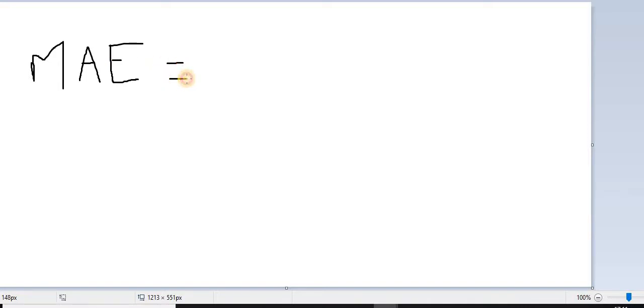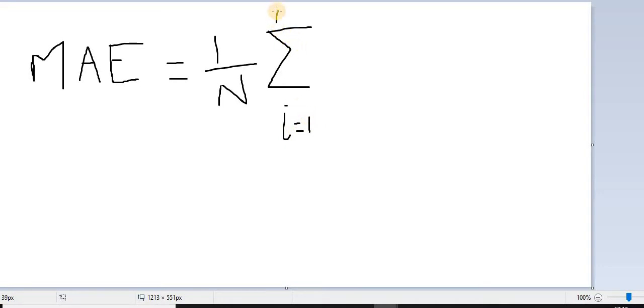So mean absolute error should be 1 by n, then sigma i is equal to 1 to n. N is the number of samples in the data set, and i is the index of the sample.